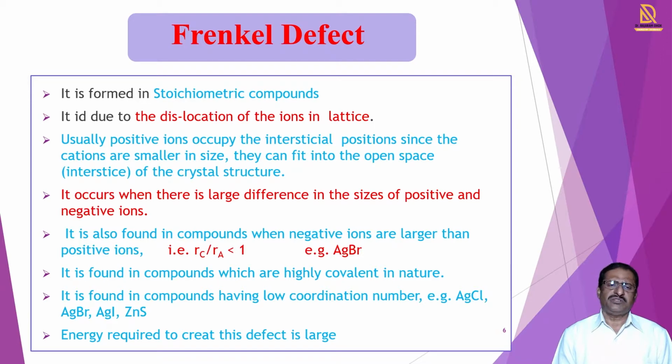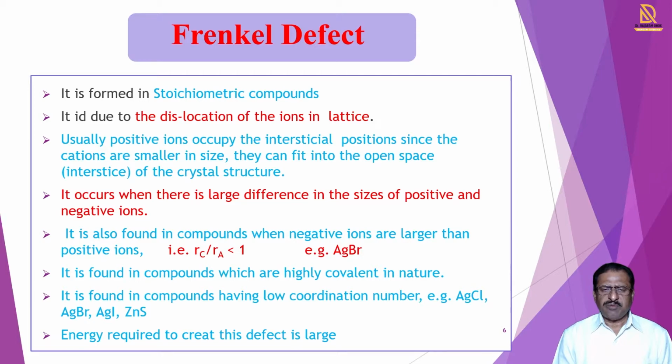An example in which this Frenkel defect is observed is AgBr, silver bromide, because in silver bromide Br is the larger anion and Ag is the smaller cation, and the smaller cation Ag leaves its position and occupies some other place in the same crystal.